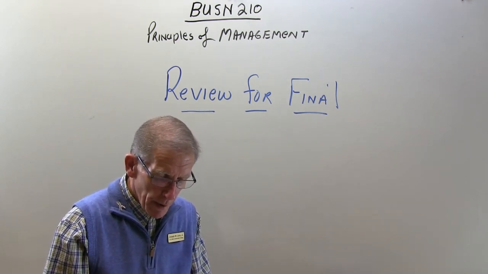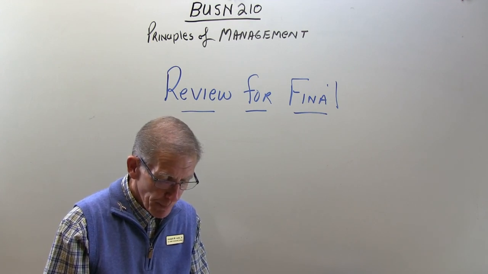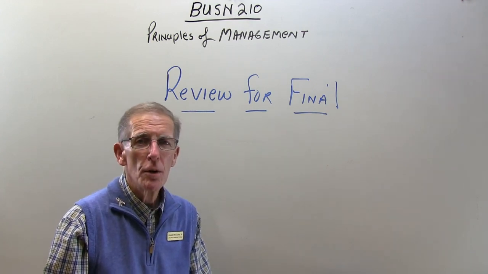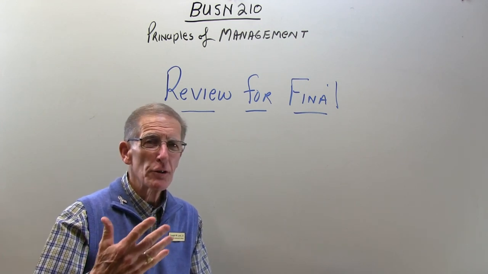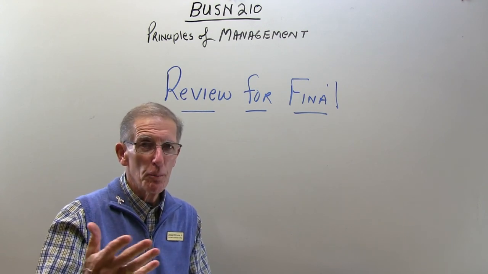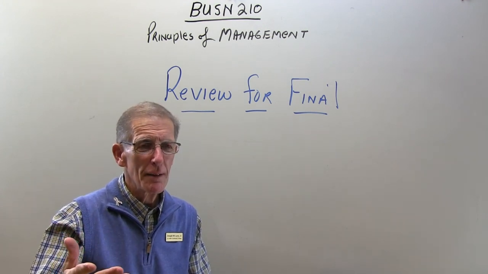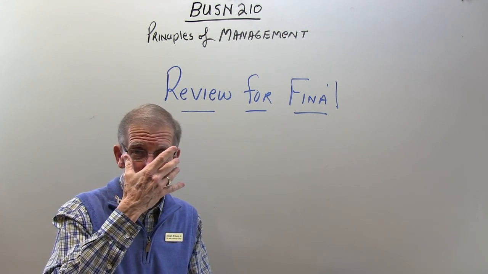Chapter 1, page 5 in my book. I would know the definition of management. Most of these things were things you had to know on the first 3 tests. So most of them you're going to say, oh yeah, I've already heard of that. It probably didn't surprise you that the definition of management was going to be on the final.